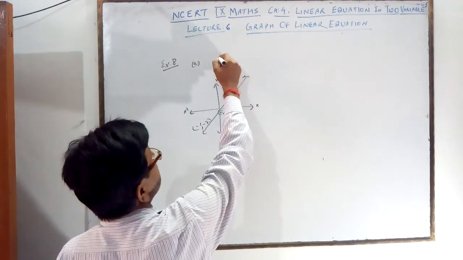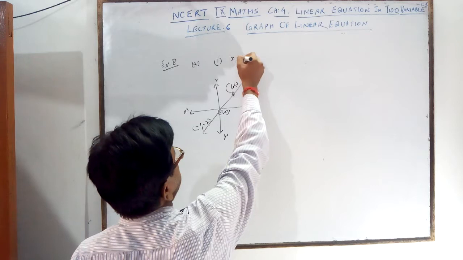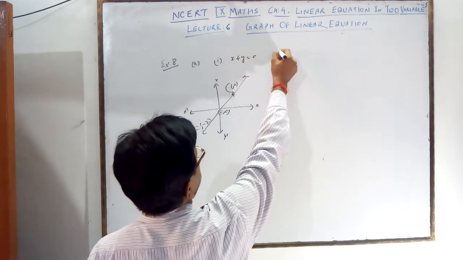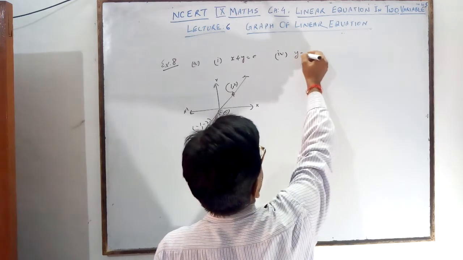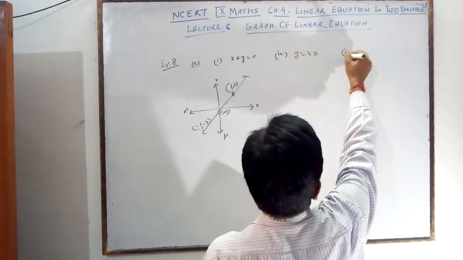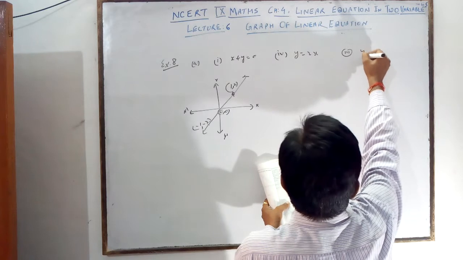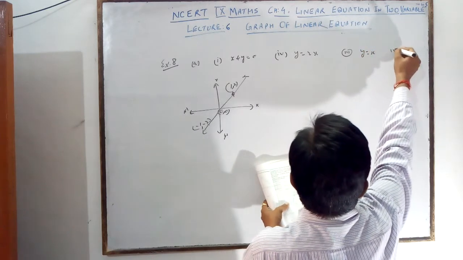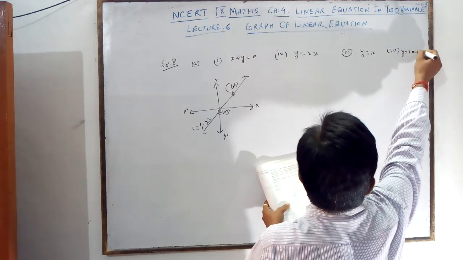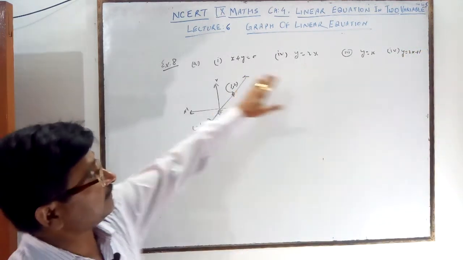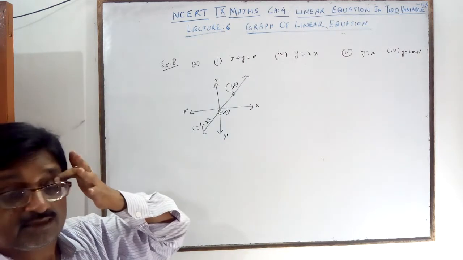How will you check? Here 4 options are given. First, x plus y is equal to 0. Second one is y equal to 2x. Third one is y is equal to x. And fourth one is y is equal to 2x plus 1. Out of the 4 options, which one is the equation?